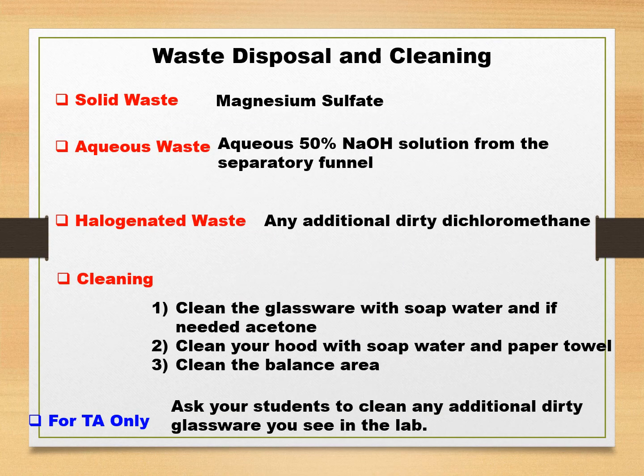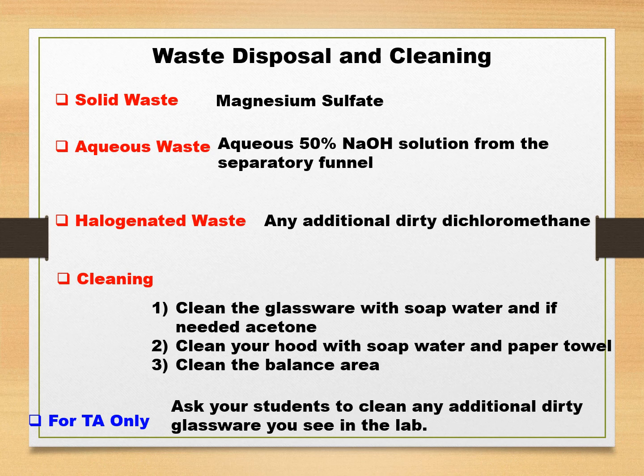And again, another important part of all experiments is how to handle waste after each of the experiments. We have used magnesium sulfate to dry out our sample, and the filtered magnesium sulfate along with the paper will be a solid waste. We have also recovered the sodium hydroxide solution at the bottom layer in the separatory funnel, and it will then be an aqueous waste.